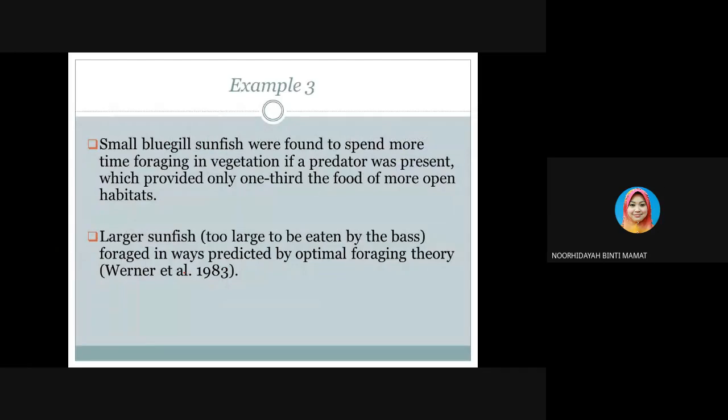So we move to example 3. Okay, the small bluegill sunfish. Small bluegill sunfish were found to spend more time foraging in the vegetation habitat if a predator was present, which provided only 1/3 of the food of the open habitat.